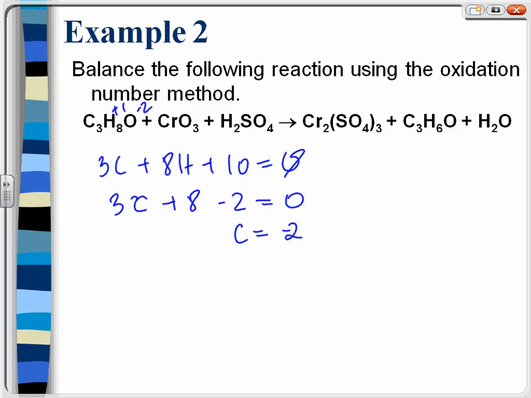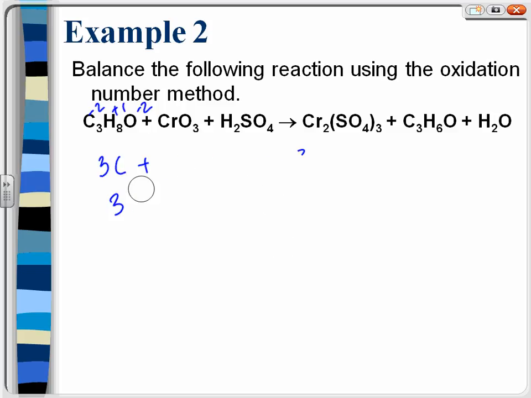I hope I did that right. Let's figure out the rest. I'm going to do some different colors here. So this is -2, this is +6, and +1. Again, this is going to be +6 minus 2.